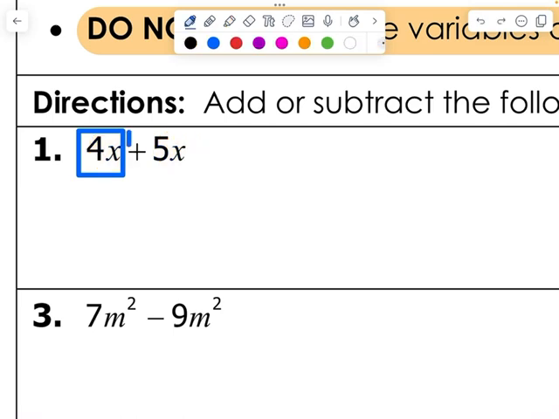So these would be considered like terms, which means I'm going to also put a box around plus 5x. Since these are like terms, I am going to do the operation of addition. The x stays the same, and our coefficient now becomes 9 because 4 plus 5 is 9.